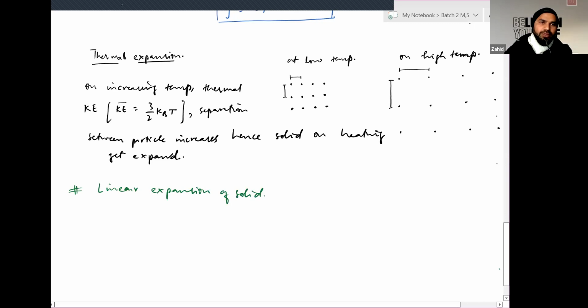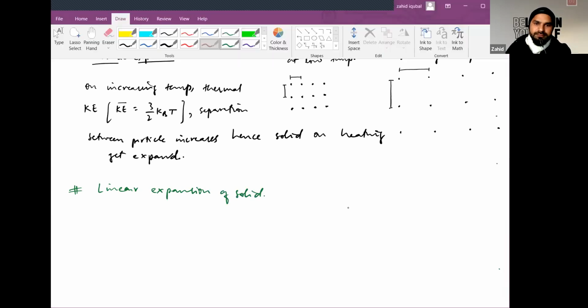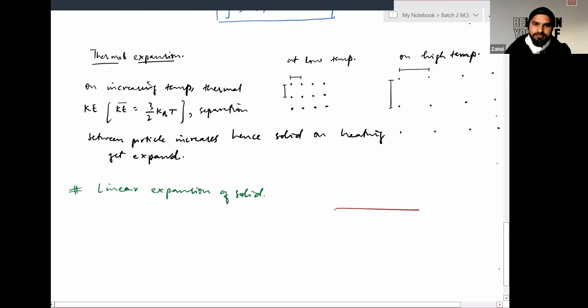Suppose you have a rod having length L naught at some initial temperature T naught.